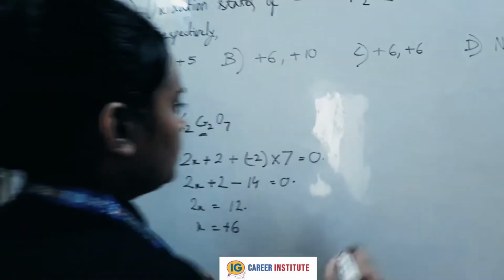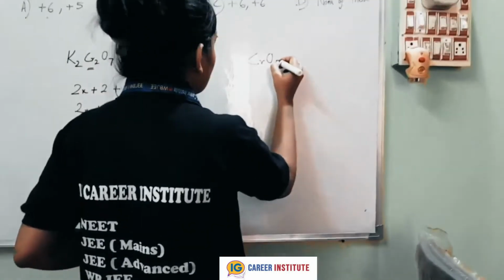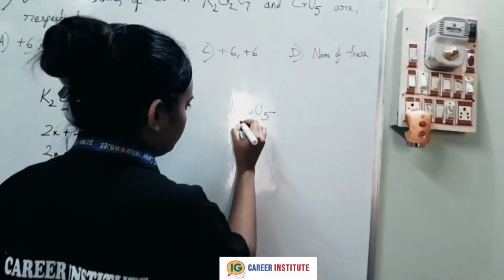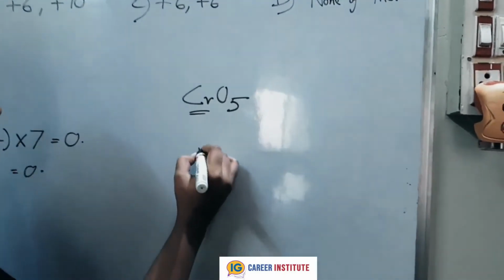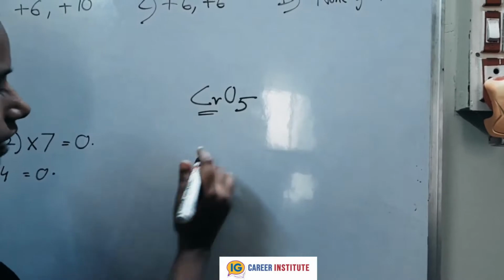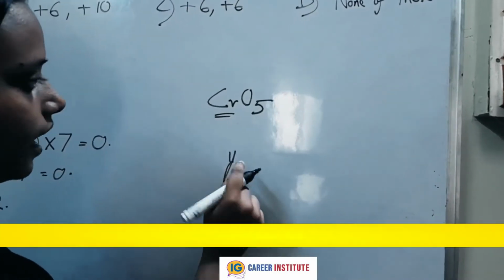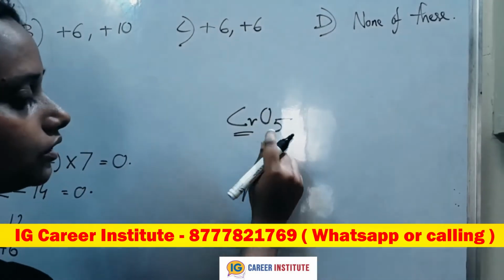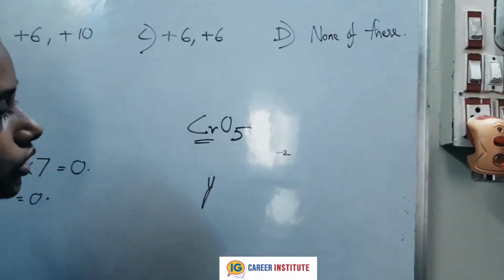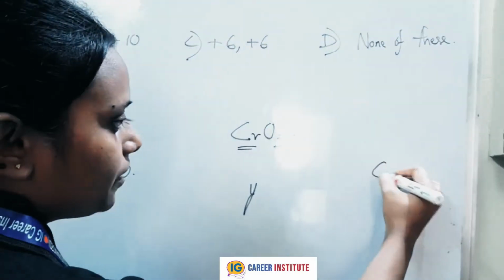Right. Next, let's move on to CrO5. Here we have to find out the oxidation state of this chromium. Let it be Y, because we have already considered X. In this structure, all the oxygens won't be exhibiting minus 2 charge, because the structure predicts otherwise.